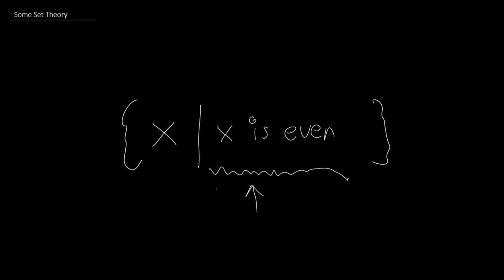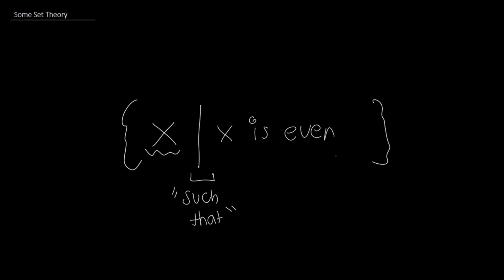So how do we actually read this set? How do we translate this set to English? Well, you can think of the bar here as such that it basically translates to these two words. So we have X such that X is even.